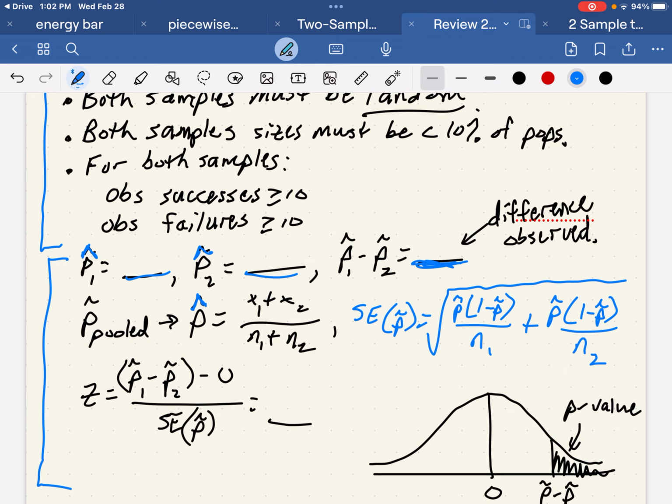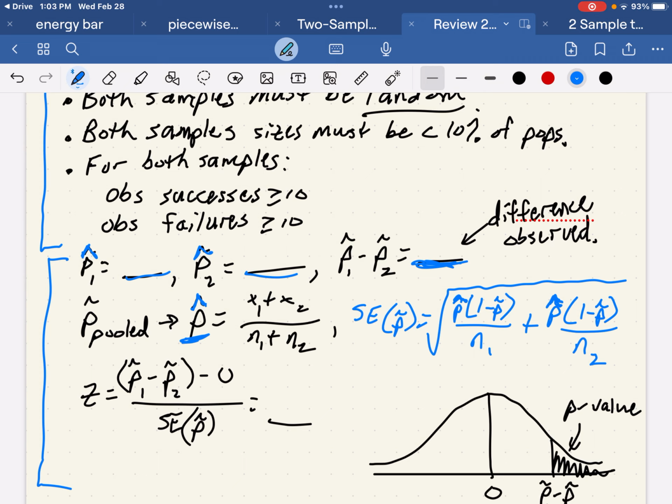And then you have to take the standard error of p hat, which is the square root of the pooled p hat value times 1 minus that, divided by the first sample size, plus the pooled p hat value times 1 minus that, divided by the second sample size.